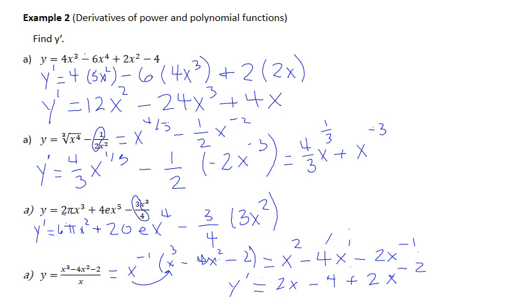That's when I distribute. So adding exponents, negative 1 plus 3 gave me x squared. 4 is 4. Negative 1 plus 2 gives me x to the first. And then the last term didn't have anything, so it just becomes negative 2x to the negative 1. Then I began to find the derivative using my power function rule. Bring the power down, subtract 1 off the power. And that's how I found the derivative.